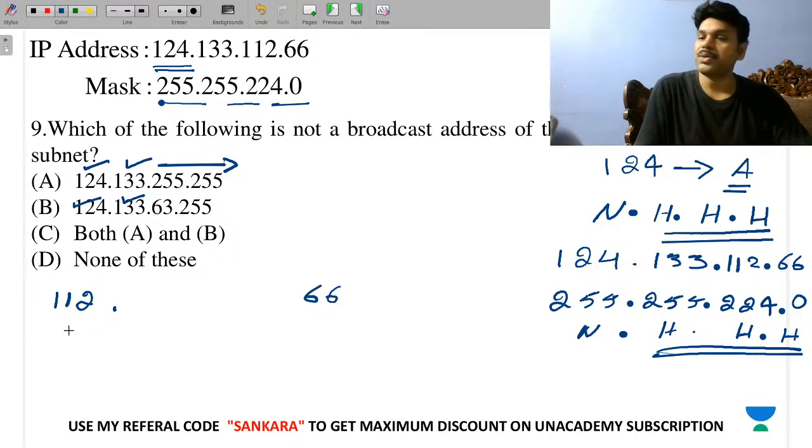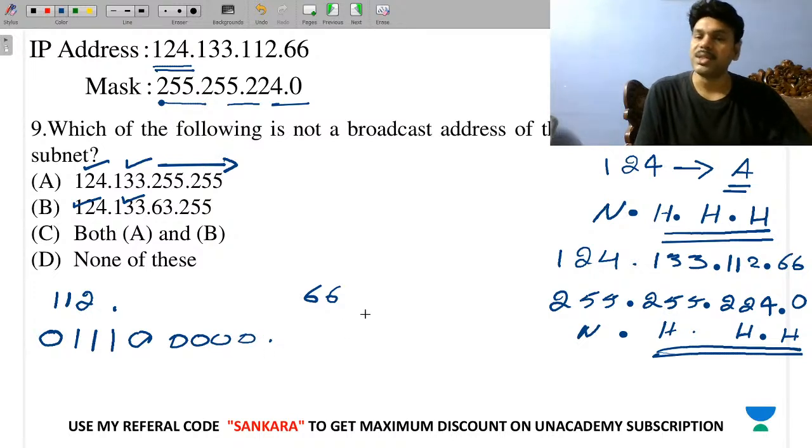So 112: 128 is off, 64 is on, 32 is on, 16 is on, and the remaining are off. And 66: 128 is off, 64 is on, and the remaining you make like this. Now 224.